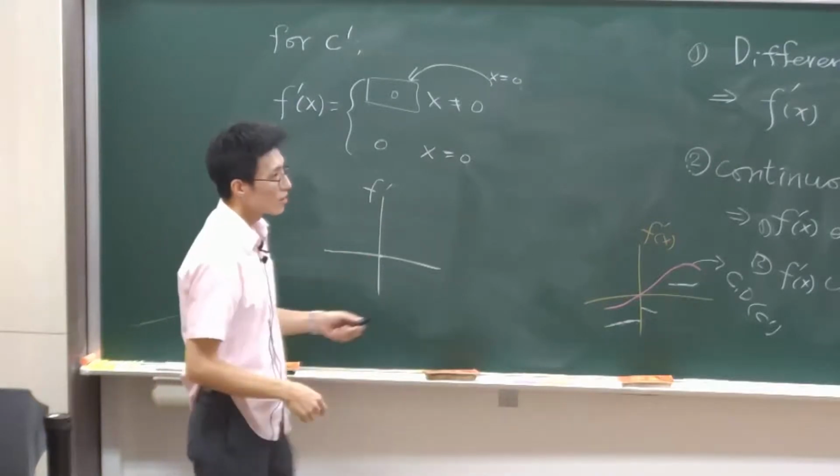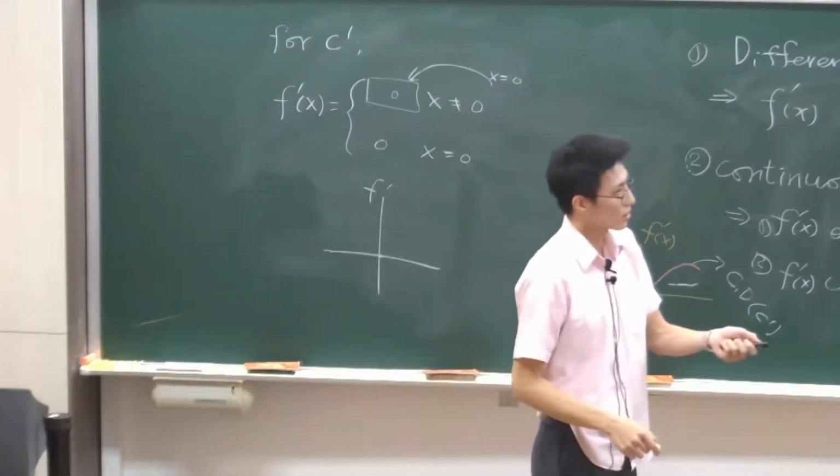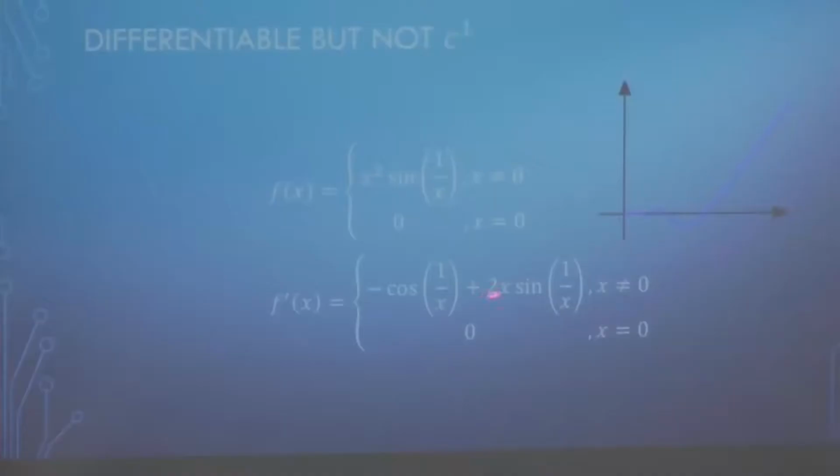Why? When you substitute 0 to here, 2x is 0, okay? And the upper bound of this sine function is 1. Okay, so the second term will be 0. But how about this one? When x is very close to 0, but not 0, what's this value? It's between minus 1 and 1. But you never know where it is, right?